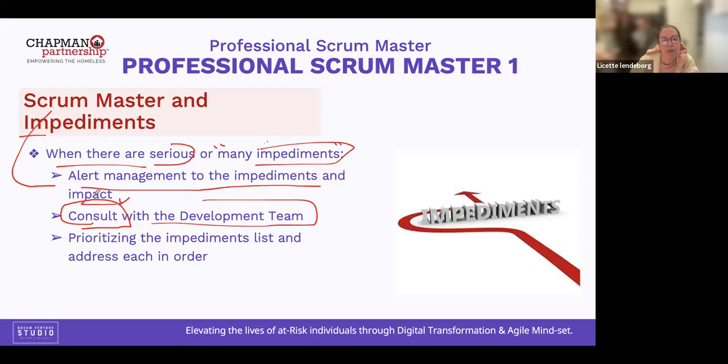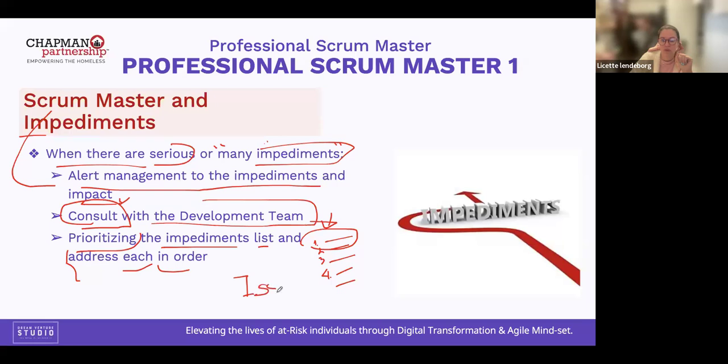And he is responsible to prioritize the impediments list and also resolve each in order. So we have the list of impediments, and the Scrum Master is responsible to organize and prioritize the list and say, hey, we're going to attack this one first. So he's the one prioritizing the issues or impediments.